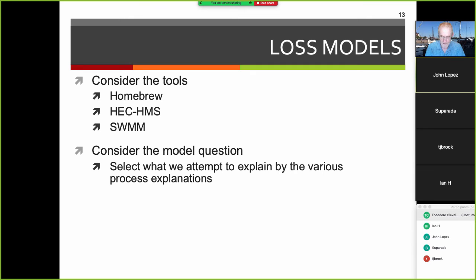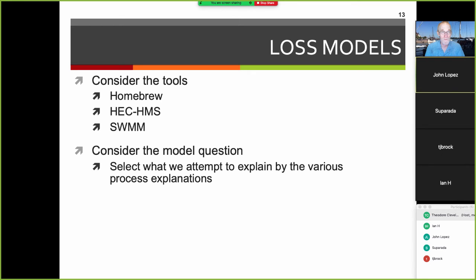The argument being, maybe if we're attempting to do hydrology for the sake of how big a culvert has to be, we could use a very simplified loss model, something like the infiltration excess approach, and that would produce adequate results for the purpose of making a culvert the correct size.